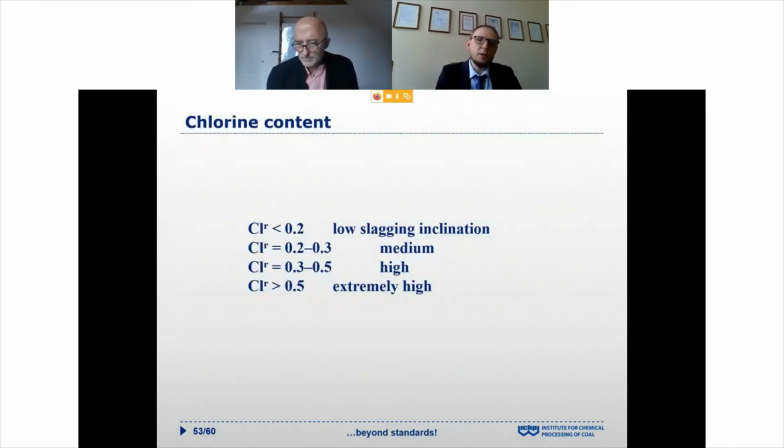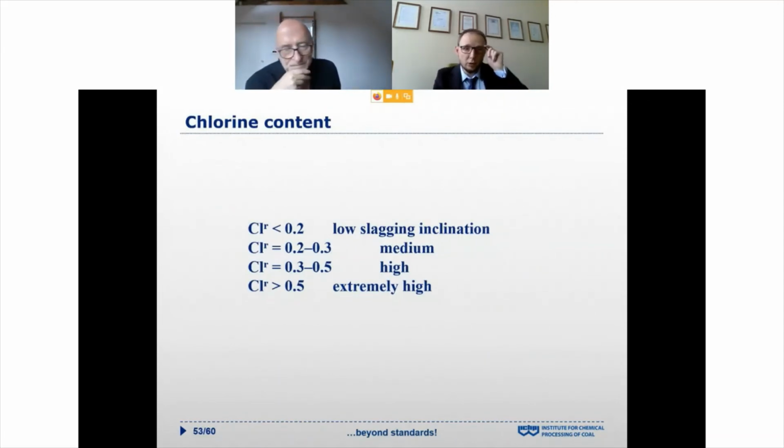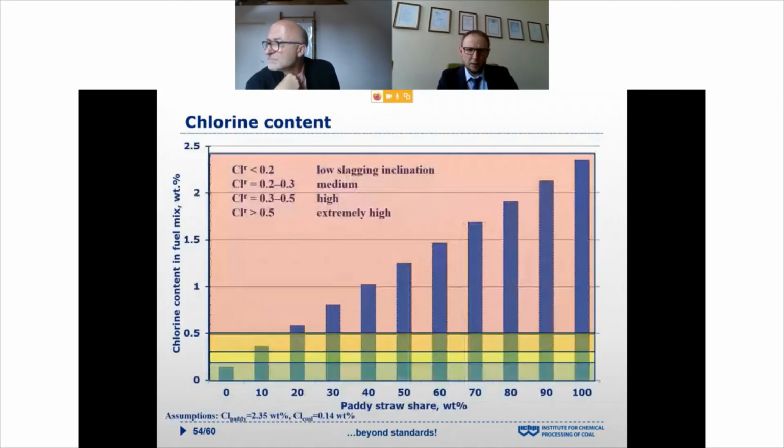In our opinion, the most important index, in fact, is the chlorine content. According to the literature, if the chlorine content is less than 0.2, we have a low slagging inclination. If the content is higher and higher, we increase the slagging inclination. If the chlorine is higher than 0.5 weight percent, the slagging inclination is extremely high. So we calculated for paddy straw.